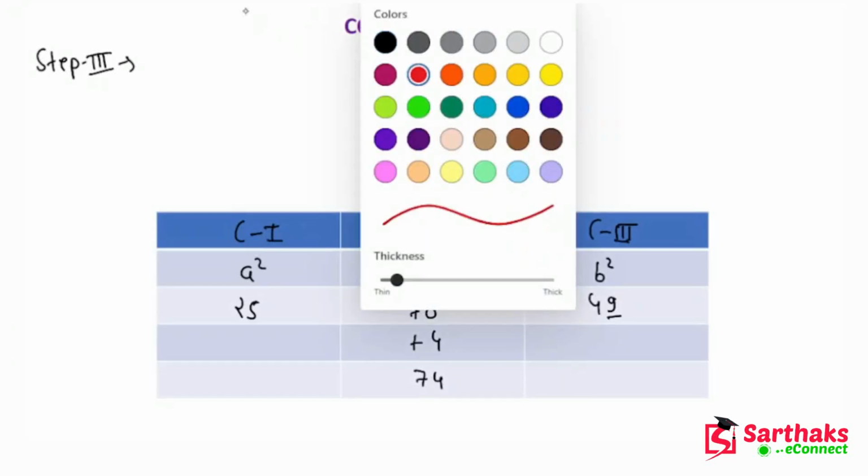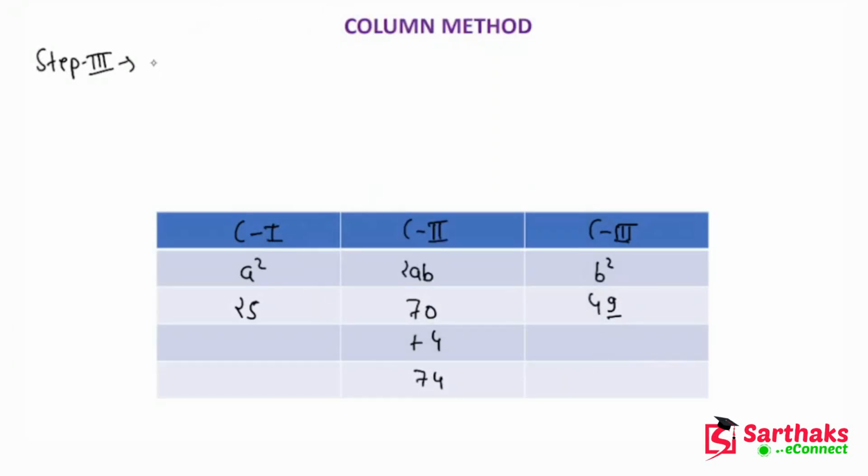Now let us see what step 3 has to offer. This step says: underline the unit digit in column 2. So you have to underline this unit digit. Okay, we'll do it once we finish writing.